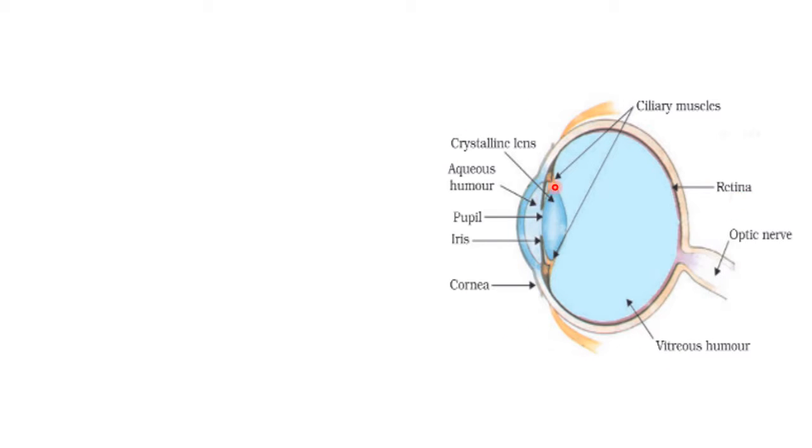If we start from this one: retina, optic nerve, vitreous humor, cornea, iris, pupil, aqueous humor, crystalline lens and ciliary muscle. Let us get an idea about this eye as per the standard of class 10.